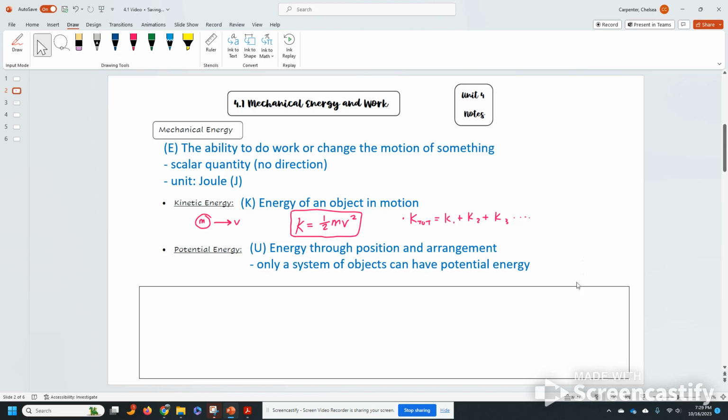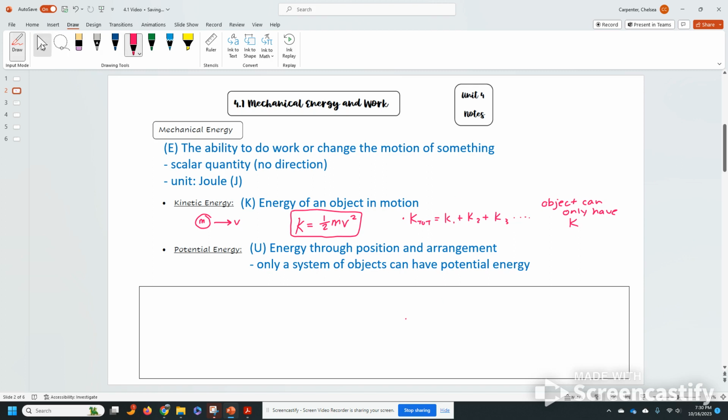So only a system of objects can have potential energy. An object by itself can only have kinetic energy. But if we consider the object and something else, then it can have potential energy.